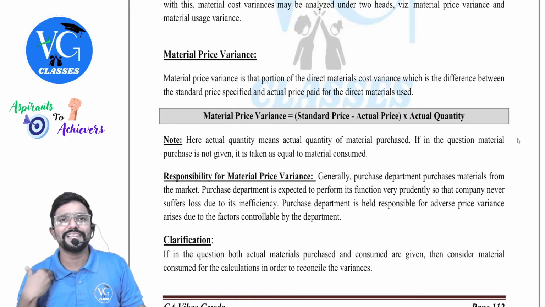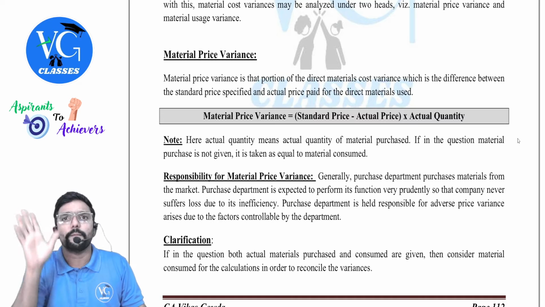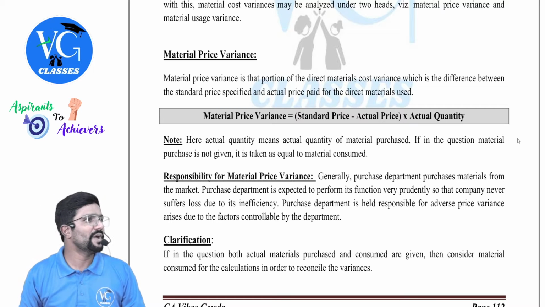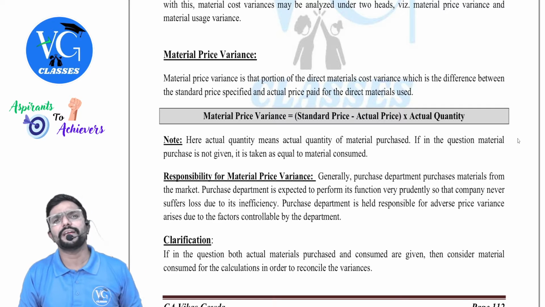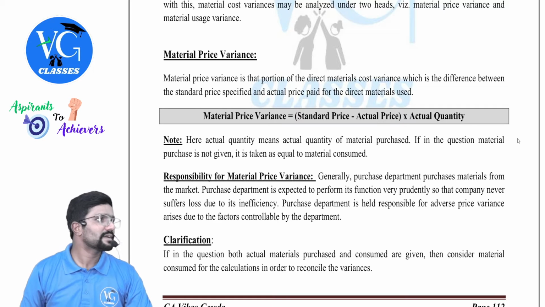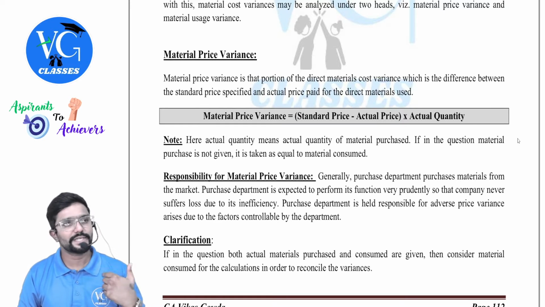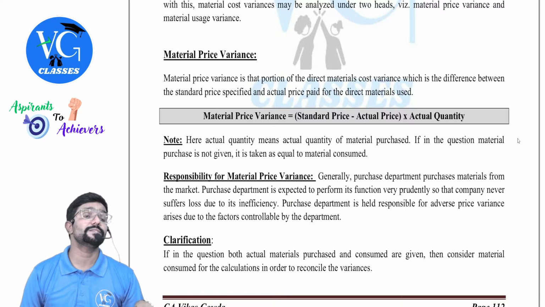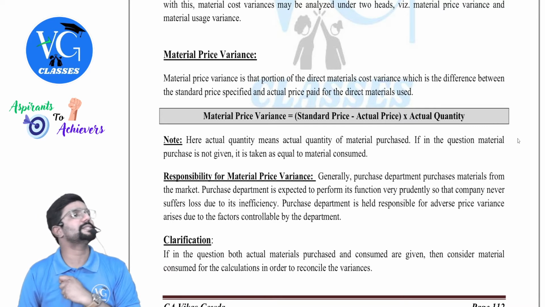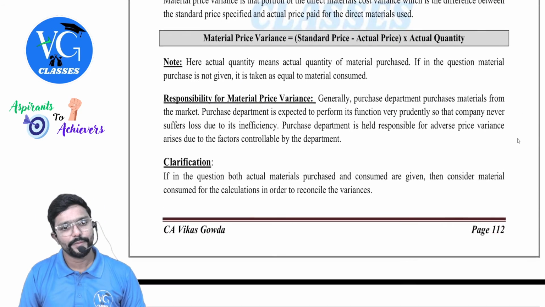It is my responsibility as the purchasing department to choose the one best person who is ready to supply the raw material I require, maybe at the best price. Clear? Yes. This kind of question can be asked as an MCQ. Which department can be held responsible for material price variance or adverse material price variance, guys?